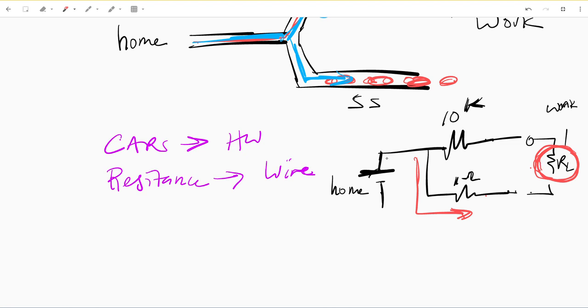We just move electrons from one point to another. And when it gets to RL, it does the work that we want, and then we send it back home to ground.